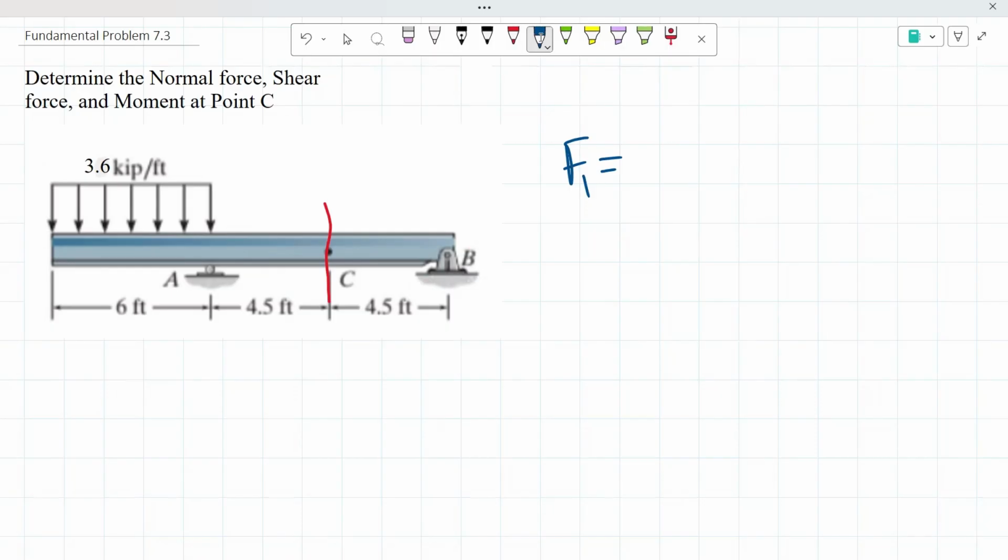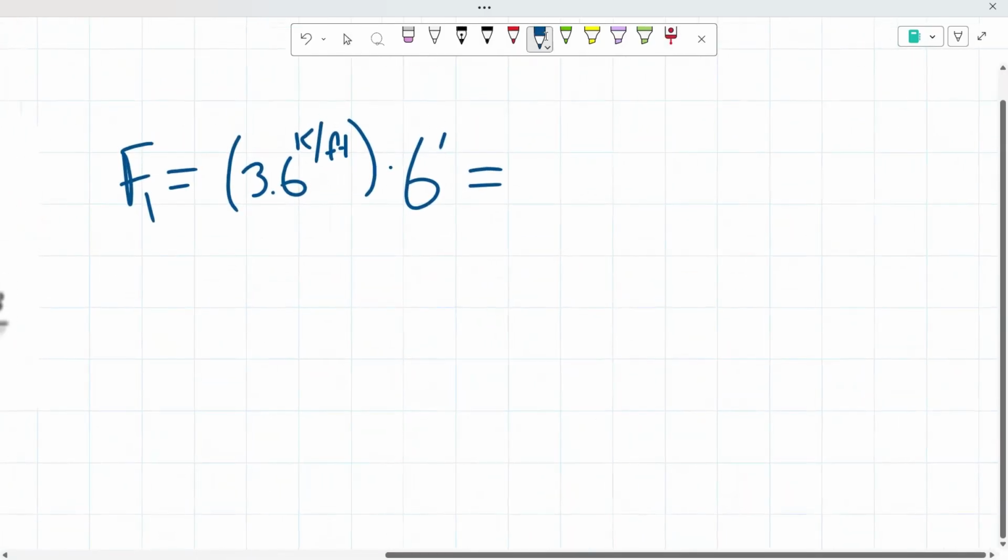To determine the concentrated weight, we take our distributed weight, which is 3.6 kips per foot, and multiply that by the span of 6 feet, because as you can see, this distributed weight is for the span of 6 feet. From there, we get our concentrated weight, and we end up with a value of 21.6 kips.